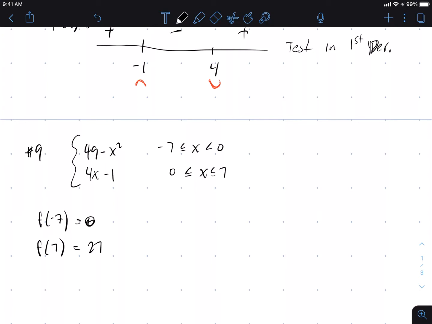Okay, and then let's take the derivative. So the derivative of the top is going to be a -2x, and the derivative of the bottom is going to be a 4, right? So the bottom one, its lowest value there would be, we should check the 0 too, because that seems to be something important. That's going to give us a -1, correct? And the reason I have to check that value is because there's something critical happening there, right?